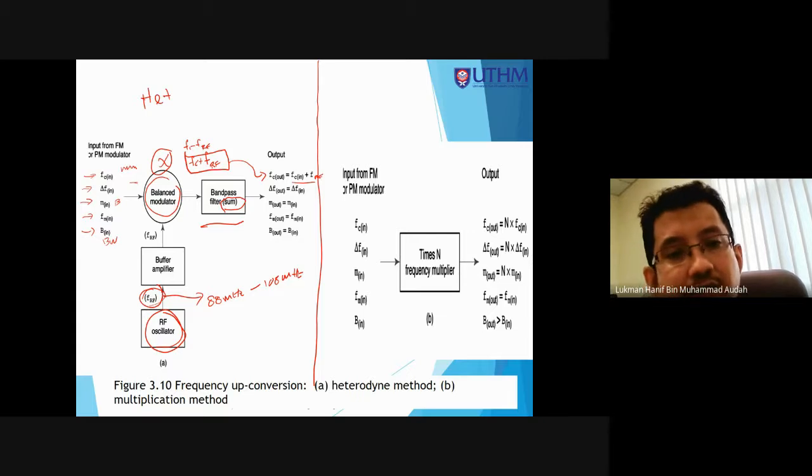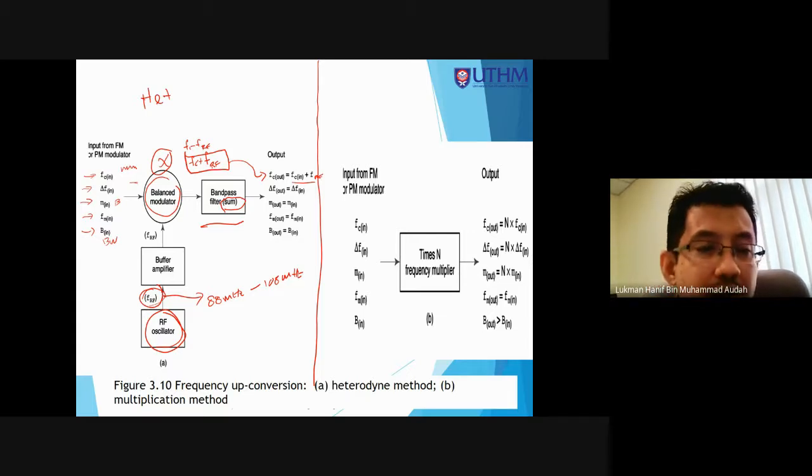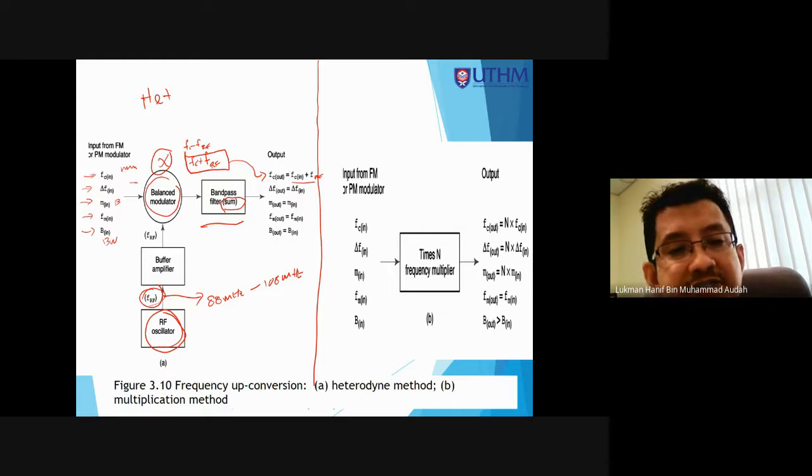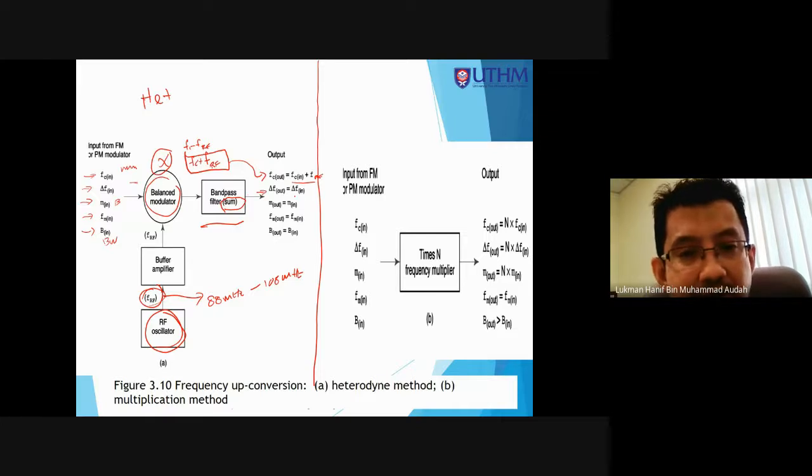Okay. And then what happened to the other parameters? Apa berlaku kepada parameter yang lain? Parameter lain tidak berubah. Hanya FC out sahaja akan berubah. So you see that here delta F out masih sama dengan delta F in. What about here? M here is the beta. Ini modulation index.